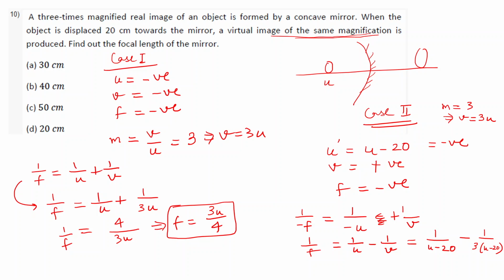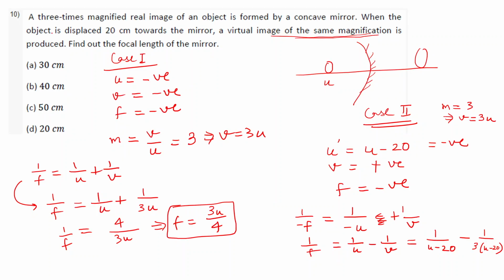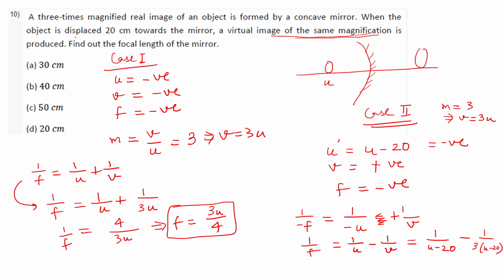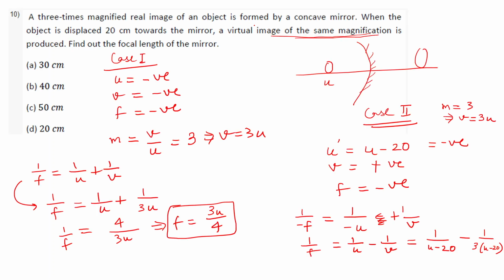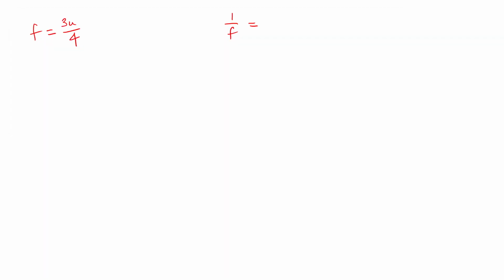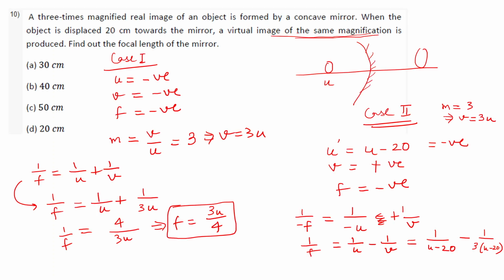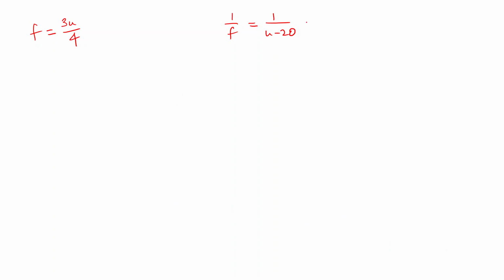So when we will solve this, from first case we had got focal length is equal to 3u by 4, and from the second case I am getting 1 over f is equal to 1 over u minus 20, minus 1 over 3u minus 60.